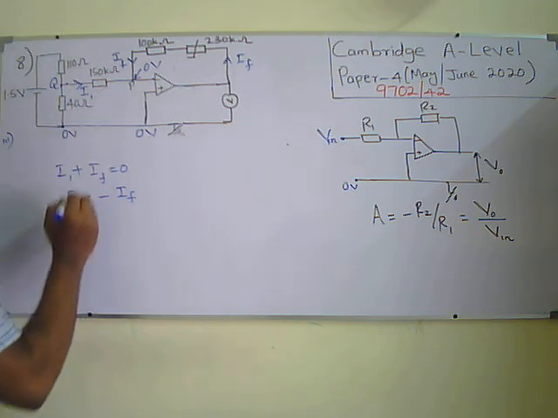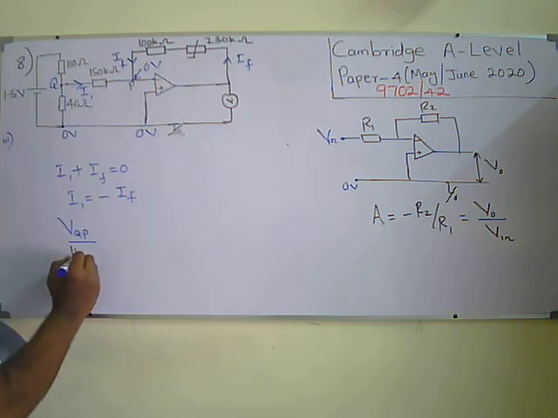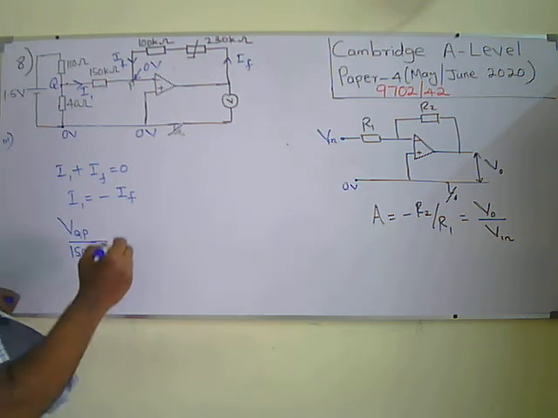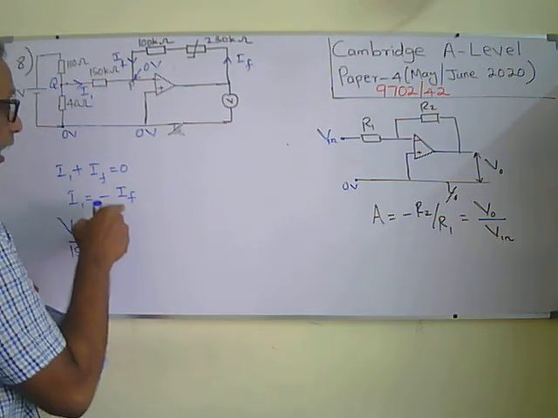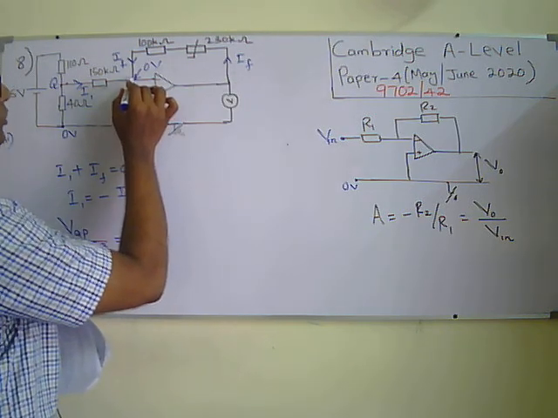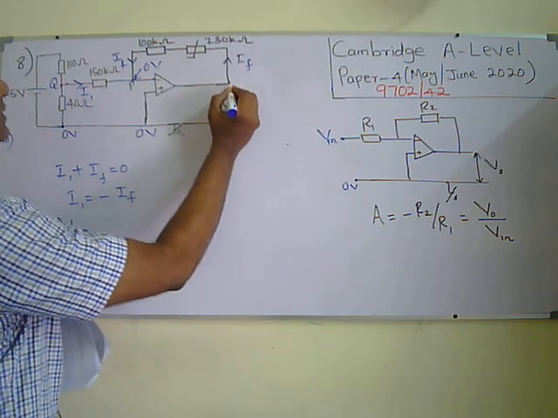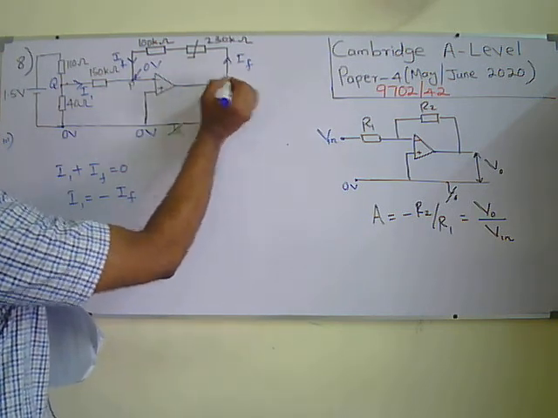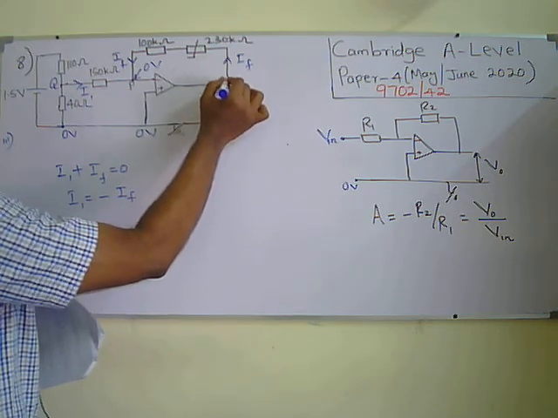I can call this R1, or I can say 150 times 10 to the power 3, equal to, minus sign, I can leave it. This feedback current is due to the voltage across this point and this point, because current is fed back from here.